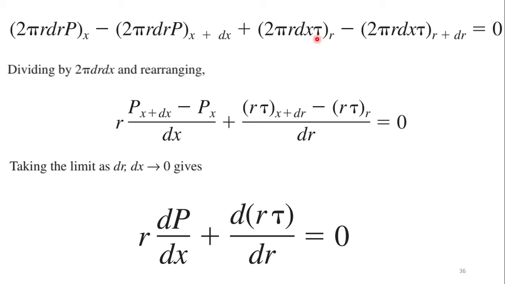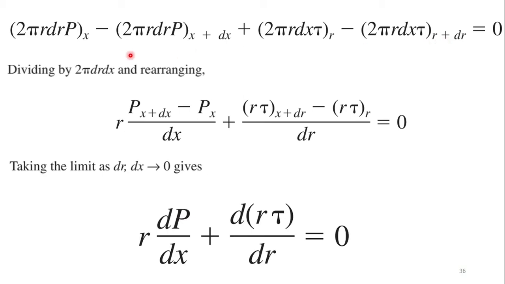So this is the shear stress at the radius r, and if we multiply by the area of this differential element, we get the shear force at the radius r, minus the same balance at the radius r plus dr: the shear stress at r plus dr multiplied by the area of the differential element gives the shear force at the radius r plus dr.